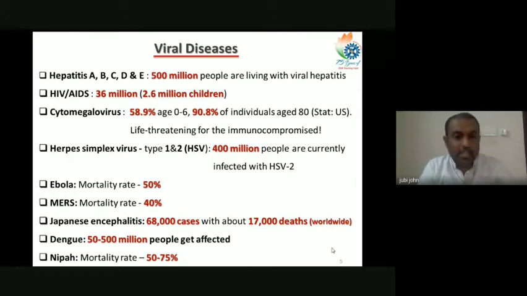The next one is MERS. Most of you might have heard about it due to the COVID virus, because both MERS and the coronavirus belong to the same family, Coronaviridae. The full form of MERS is Middle East Respiratory Syndrome.